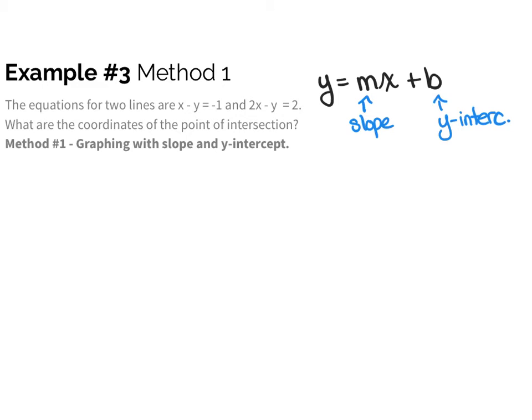And so what we did was we took our 2 equations and put them into slope and y-intercept form, graphed them, and then found our point of intersection.